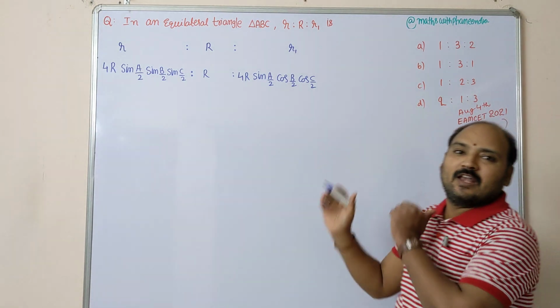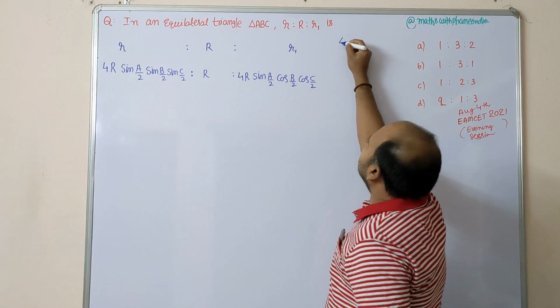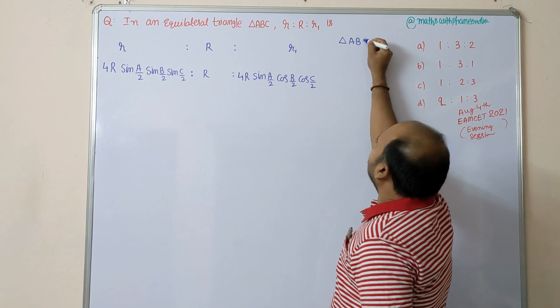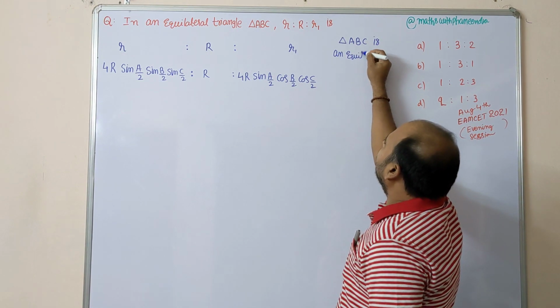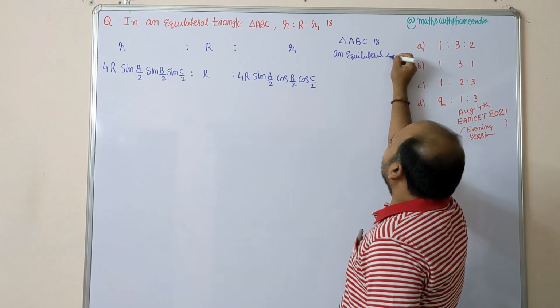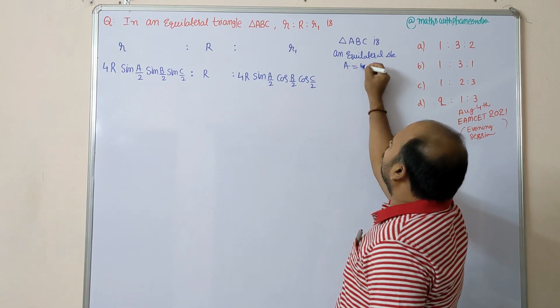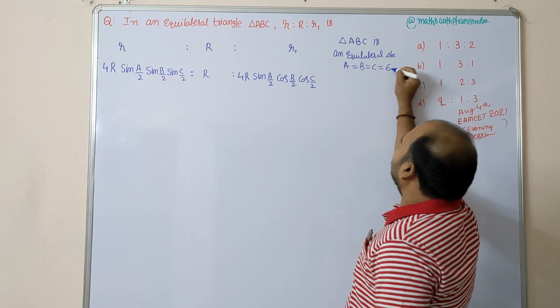After writing these values, since the triangle ABC is equilateral, A = B = C = 60 degrees.